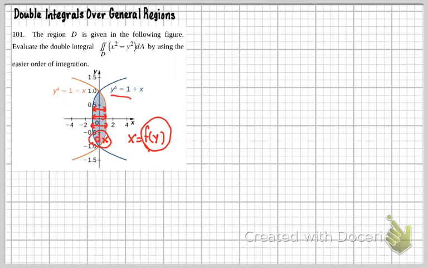All right, so now if I look at this first one here, which is the blue one, this is going to be x equals y to the fourth minus 1.